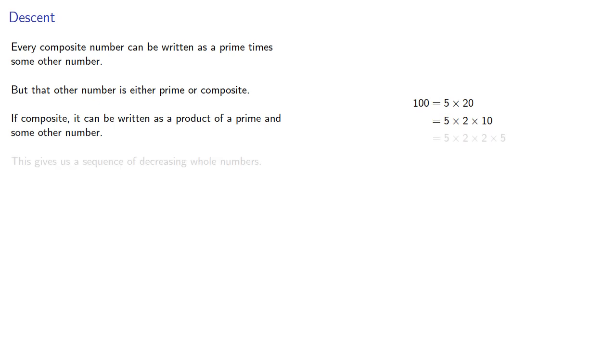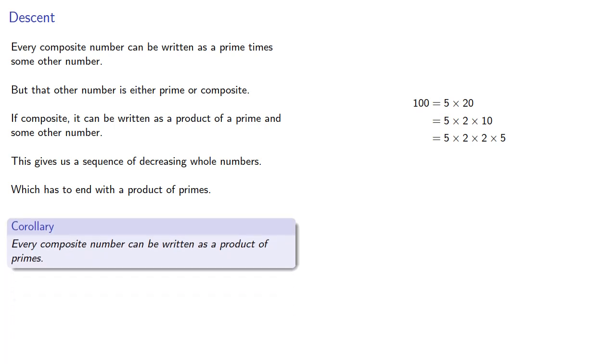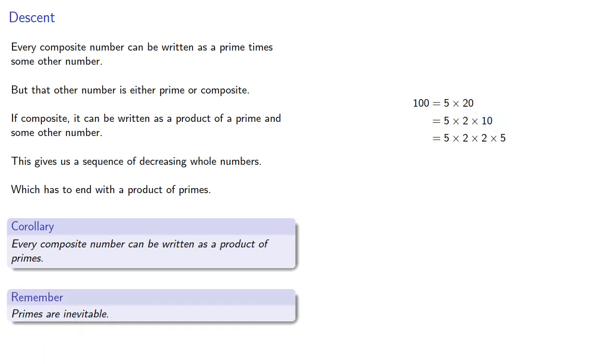This gives us another decreasing sequence of whole numbers, which has to end with a product of primes. And consequently, we have the corollary: every composite number can be written as a product of primes. So 100 is prime times a composite number, which is prime times a composite number, which is a product of primes. In other words, primes are inevitable.